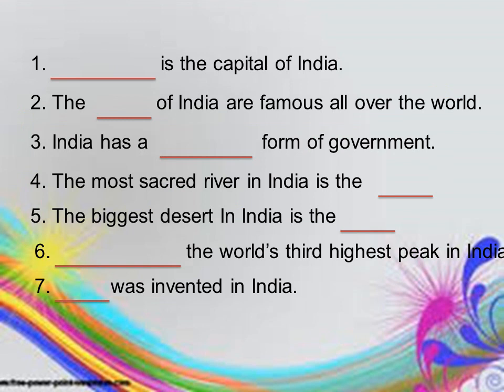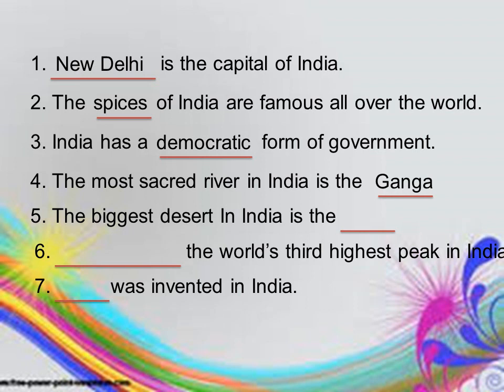Dash is the capital of India. New Delhi. The dash of India are famous all over the world. Spices. India has a democratic form of government. The most sacred river in India is the Ganga. The biggest desert in India is the Thar. Dash, the world's third highest peak in India, Kanchenjunga.